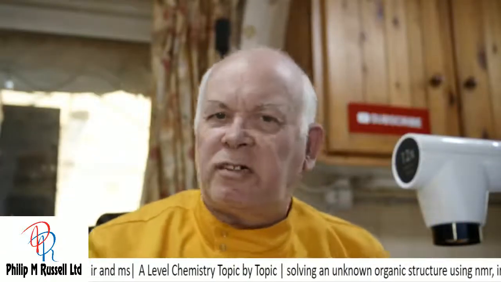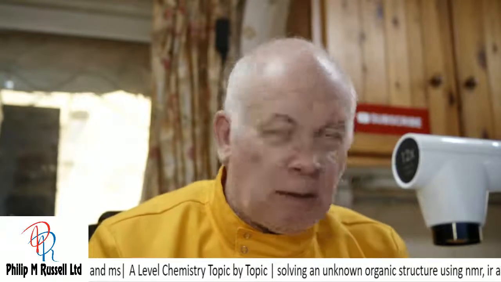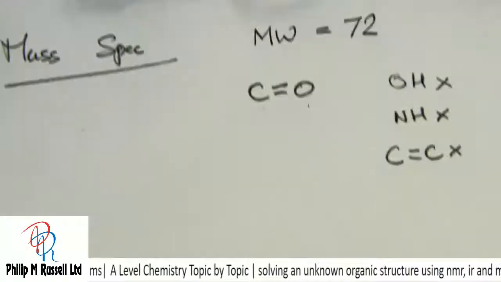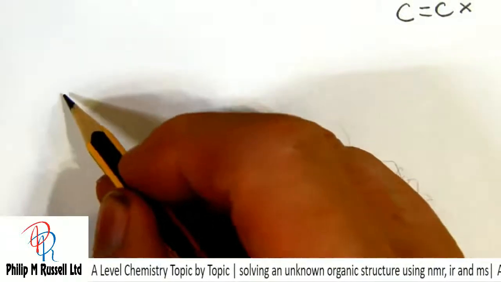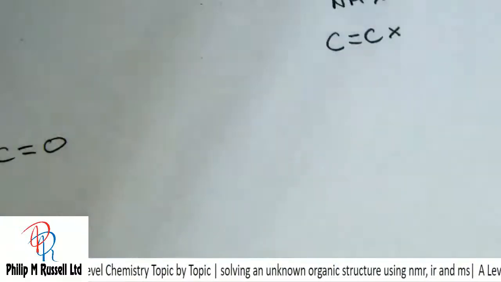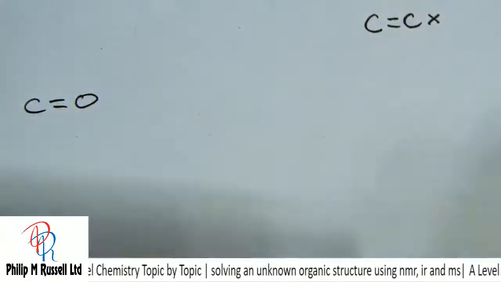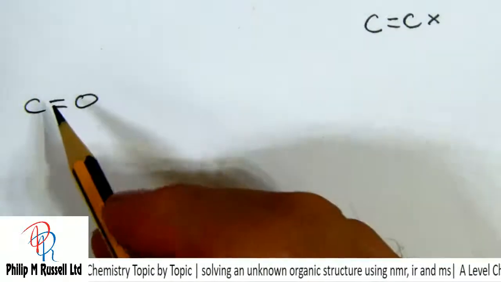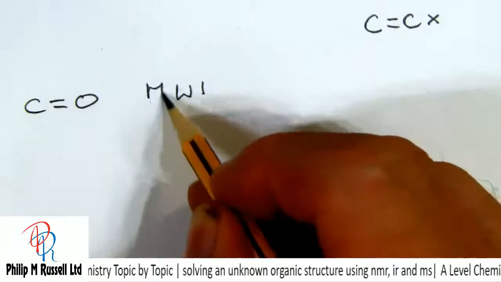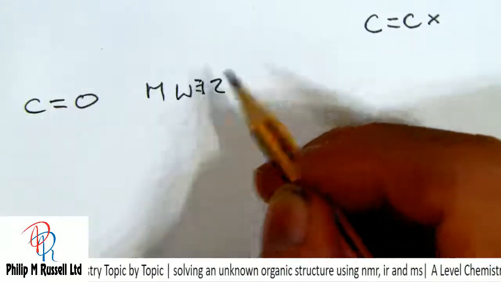Right, okay, so let's see if we can summarize some of those facts and write some of them down. So I think I've got a C double bond O group. We've got a molecular weight of 72.